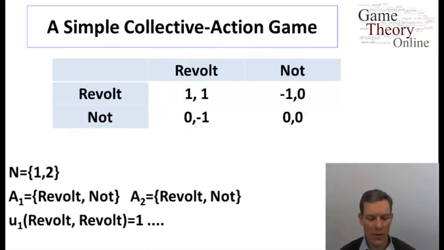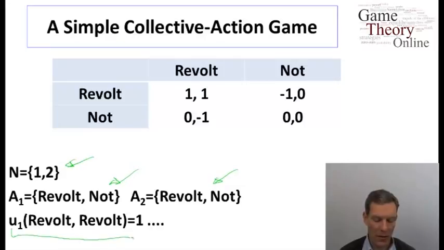In terms of the players, the action spaces, and the payoff function here, the set N is the set 1, 2. The actions are revolt or not for both players, so this is a symmetric game. They both have the same strategy space. They both have the same payoff function as a function of the possible pairs of actions for themselves and for the other.